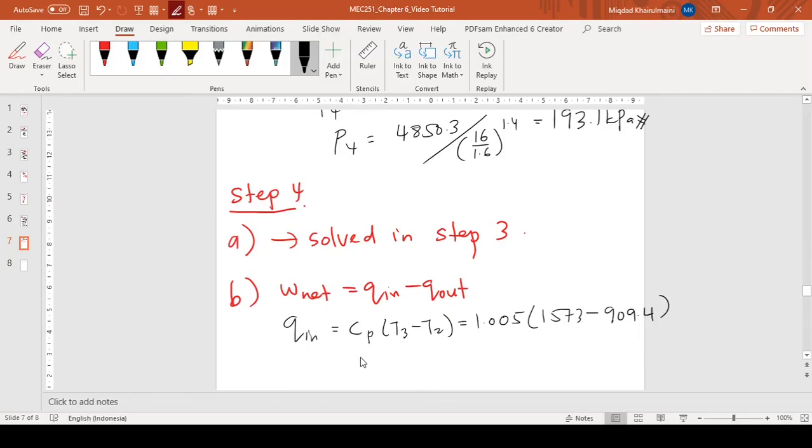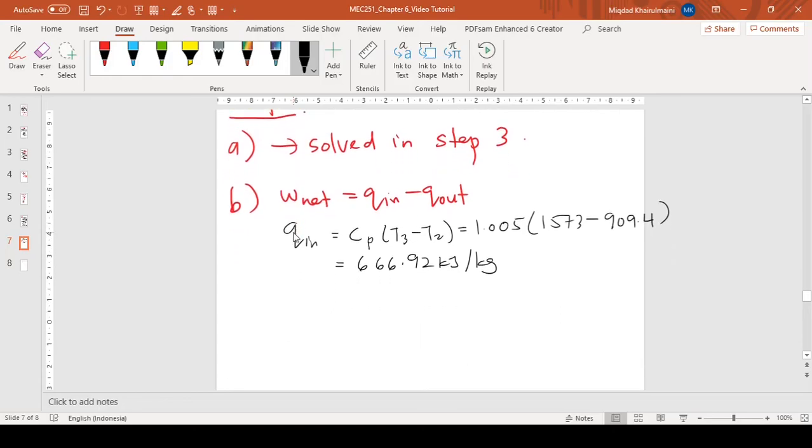So we get the amount of heat added as 666.92 kilojoules per kg.